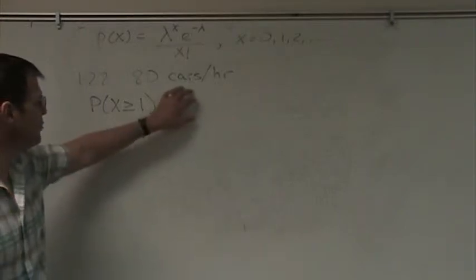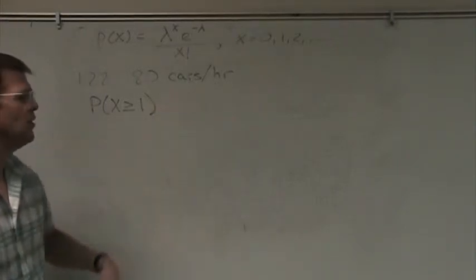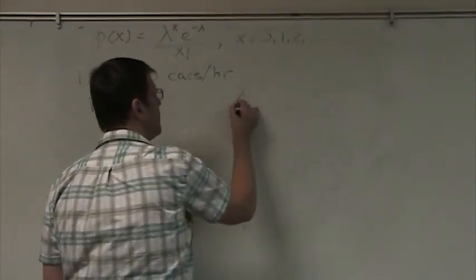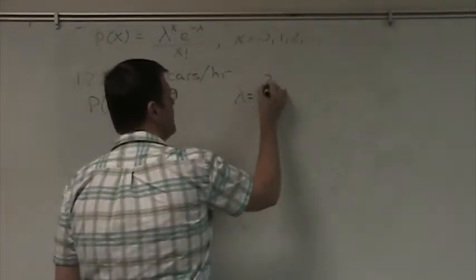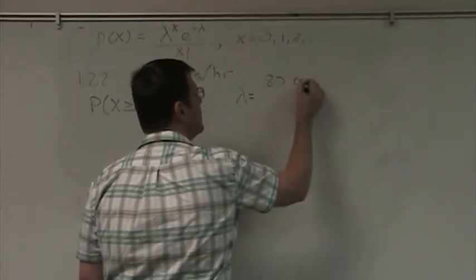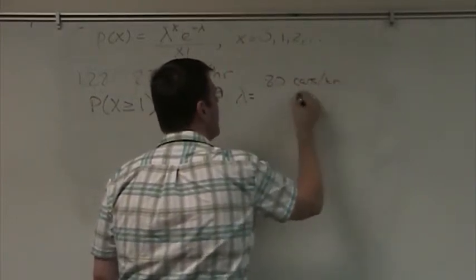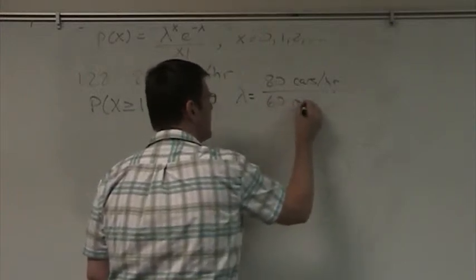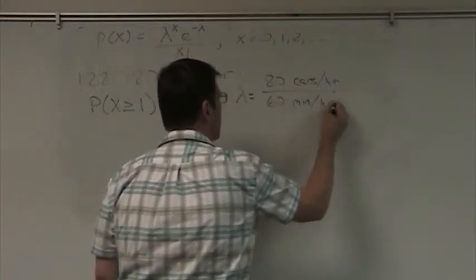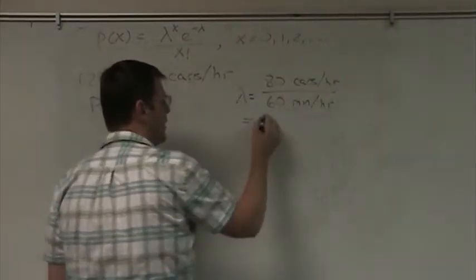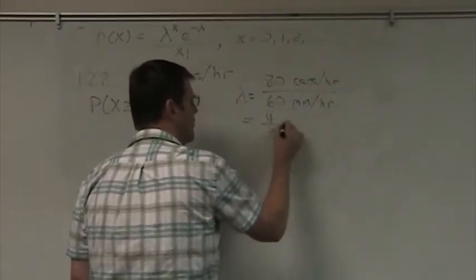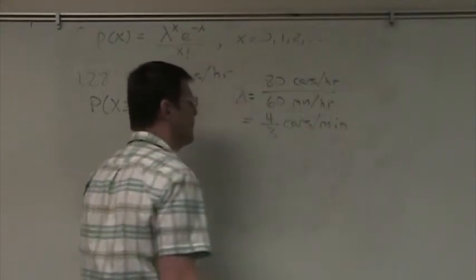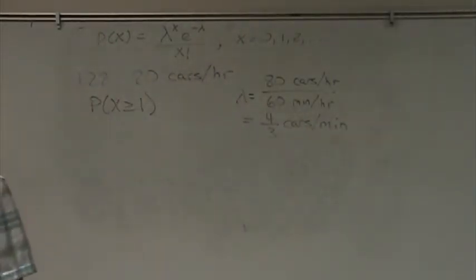So what we have to do is convert this to a rate per minute. So as far as lambda is concerned for this problem, we have to take our 80 cars per hour and divide it by 60 minutes per hour so that lambda becomes 4/3 cars per minute. And that's what we'll be using in this problem.